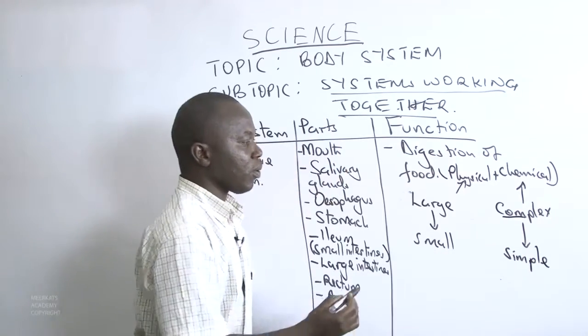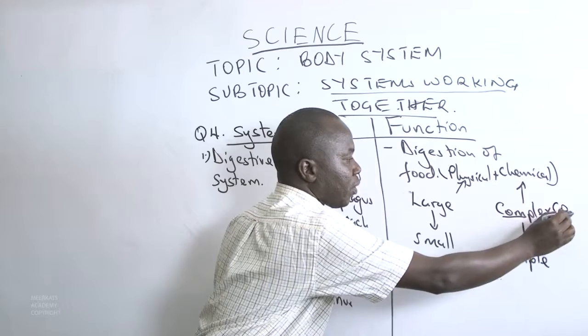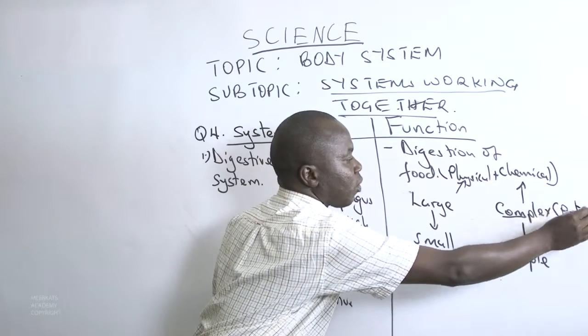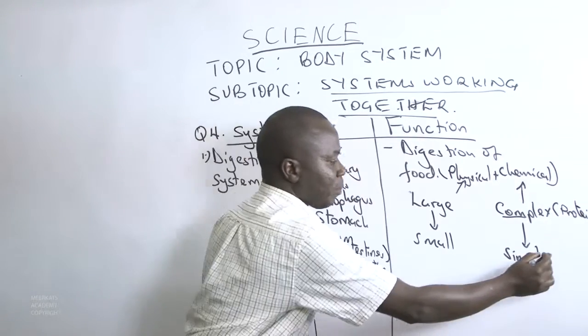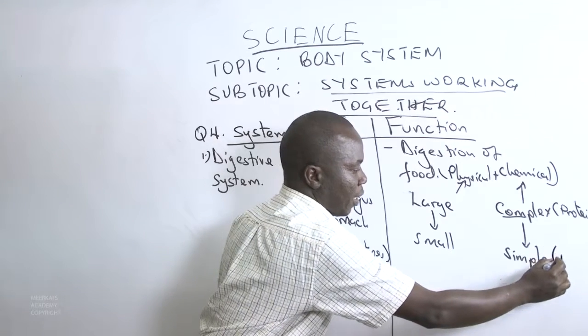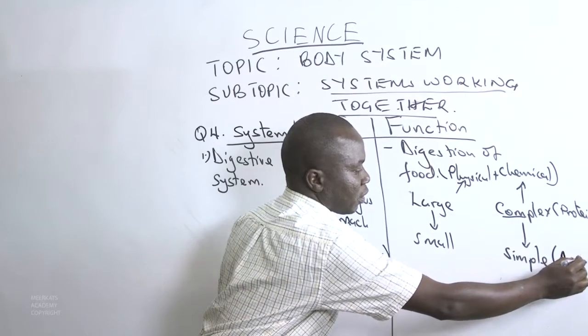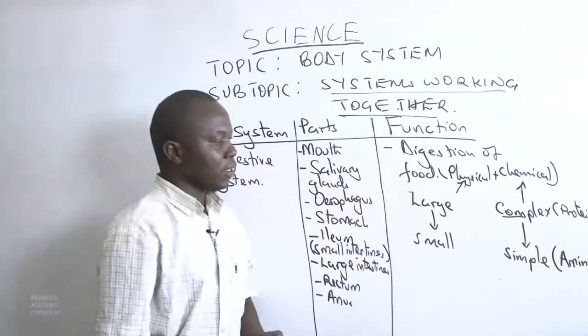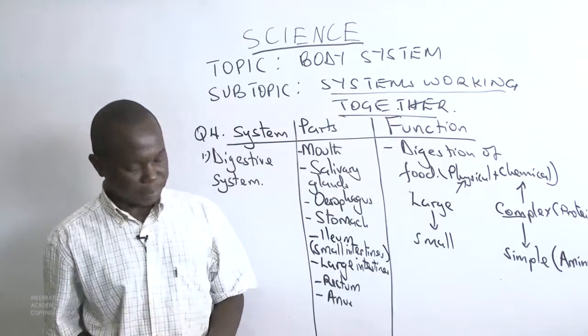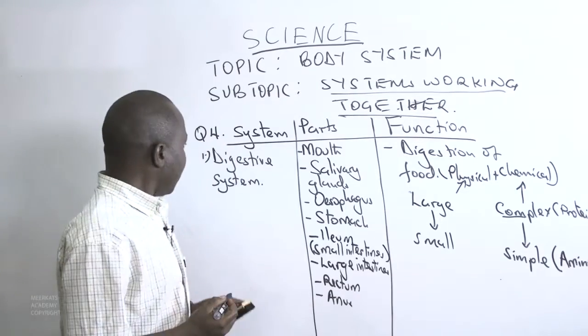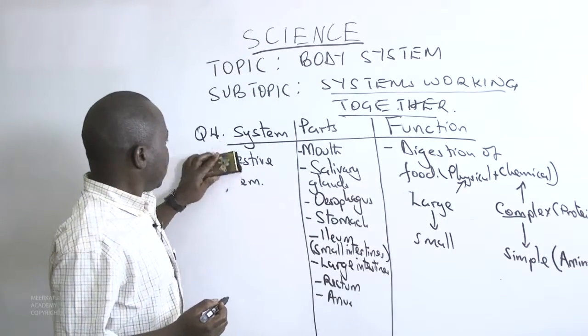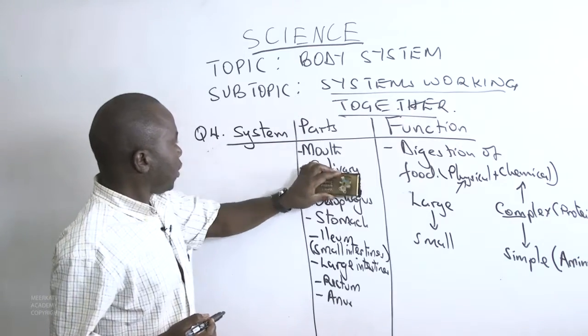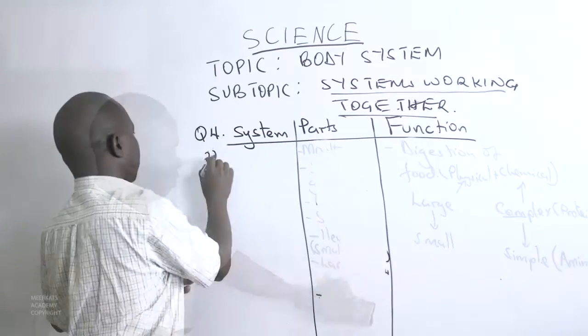Complex forms could include proteins, for example. Proteins are broken down to simple form, the simple form of protein here being amino acids. I think you can again remember this. Another system is the circulatory system.